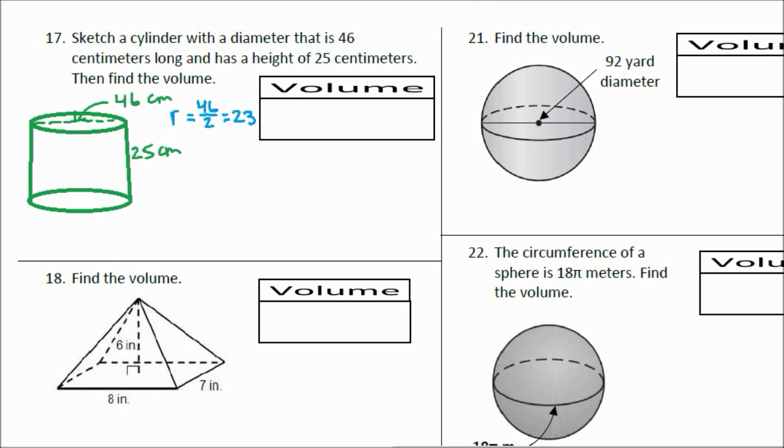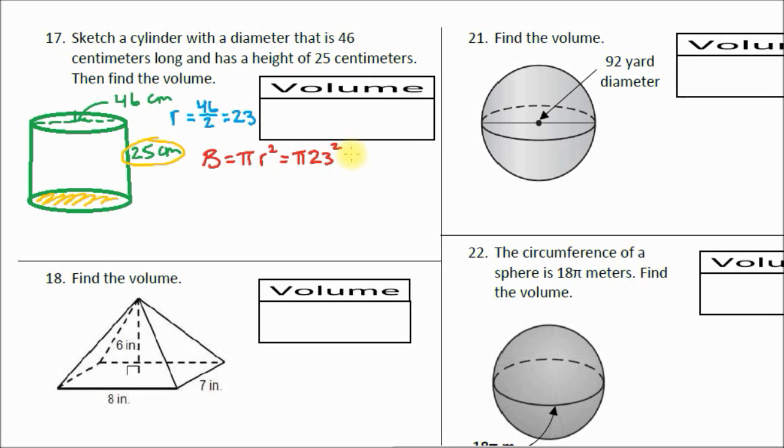Let's plug this all into our equation. The base of a cylinder is the area of a circle. We're going to just say this is our base. That makes this dimension our height. The base is pi r squared, which is pi times 23 squared. Remember, don't use the diameter, use the radius.